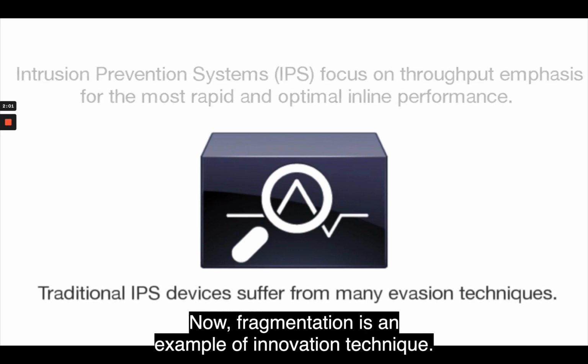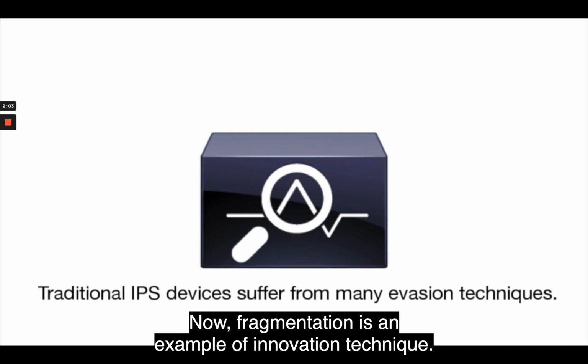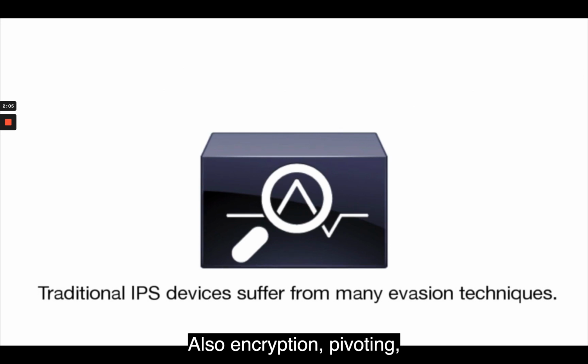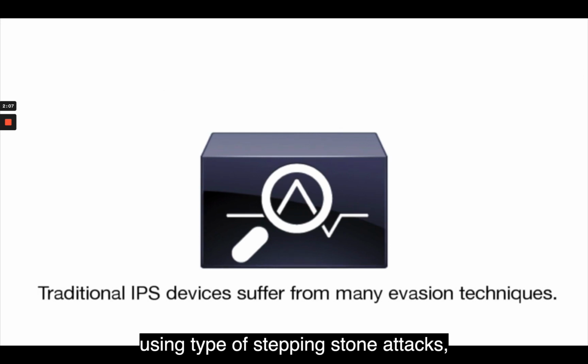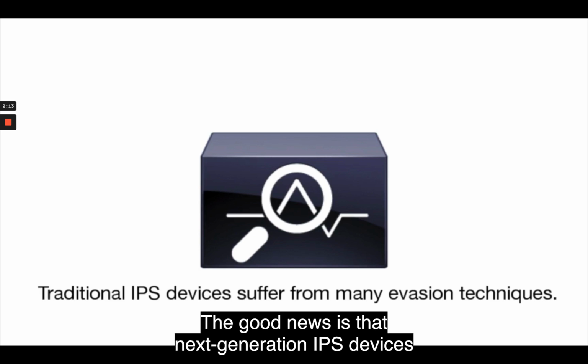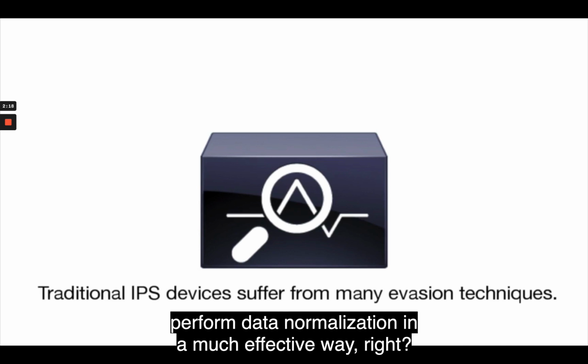Now, fragmentation is an example of an evasion technique. Also, encryption, pivoting, using type of stepping stone attacks, and some other ones that are out there. The good news is that next generation IPS devices perform data normalization in a much more effective way, right?